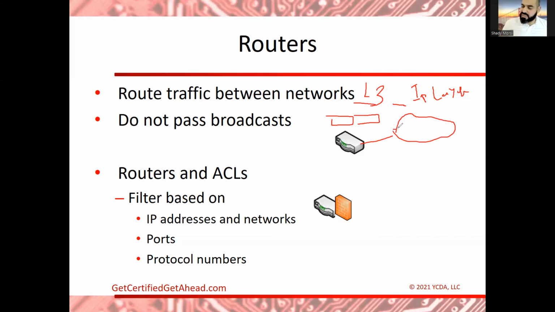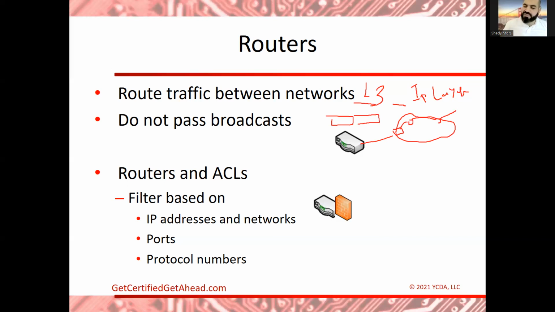The service provider consists of so many routers that send the data from one hop to one hop, or from one router to one router, until it reaches the destination. So routers take the decision of forwarding the message based on the IP address. And because they take the decision to forward based on IP address, we call them layer 3 devices or internet devices.